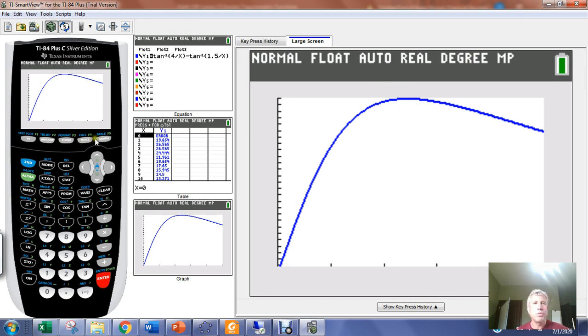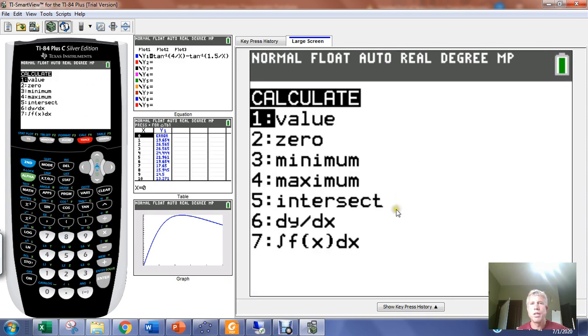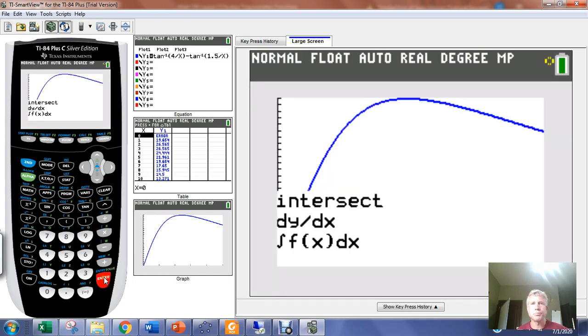So I'm going to go and use the calculate menu over here. That's above the trace button. I don't want to use trace like ever, really. So we'll use the calculate. So I'm going to go second trace to get at the calculate menu. And I want to find or estimate the maximum on this. So I'm going to scroll down to maximum and hit enter.